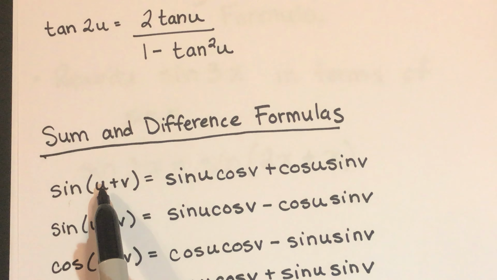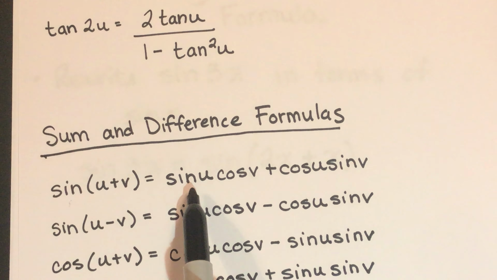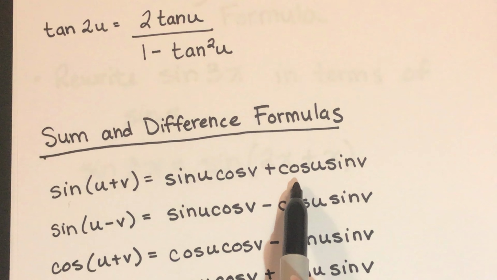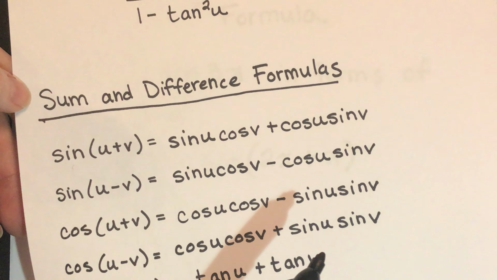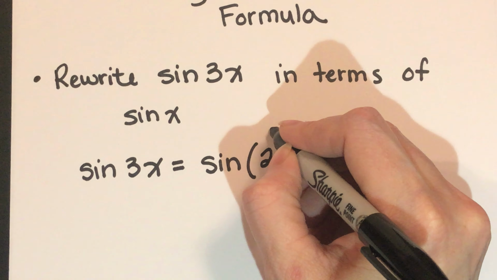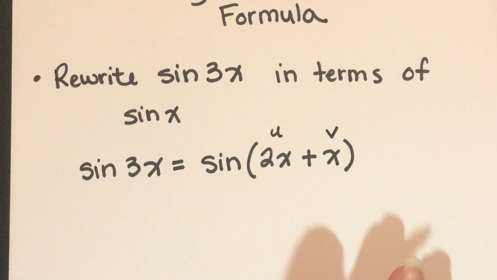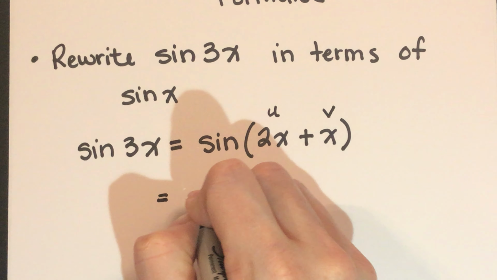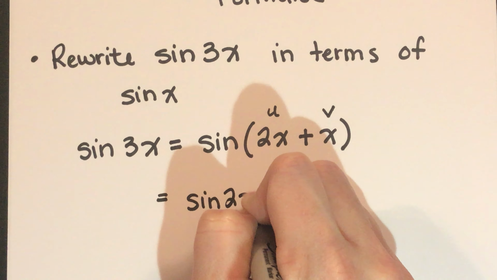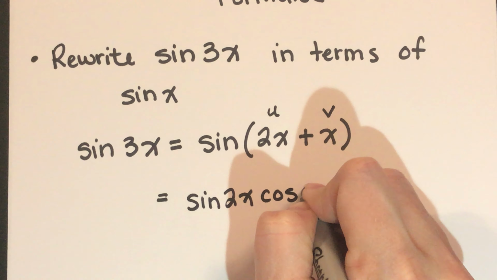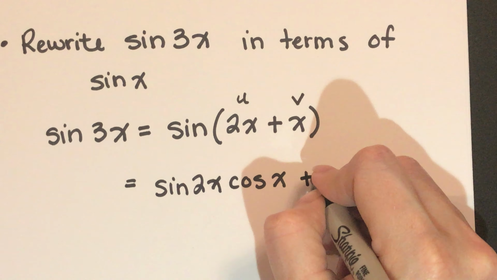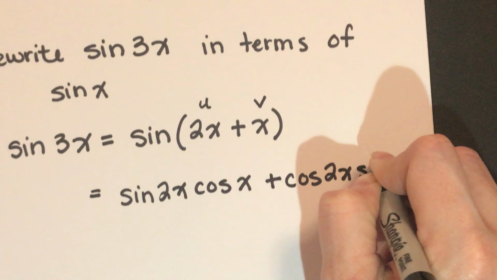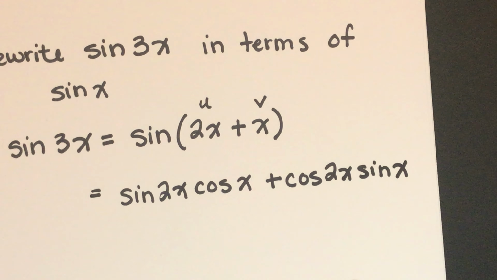So the sine of one angle plus another equals sine u cosine v plus cosine u sine v. I always like to label mine like this because it helps me to not get confused. So we have sine u times cosine v plus cosine u times sine v.